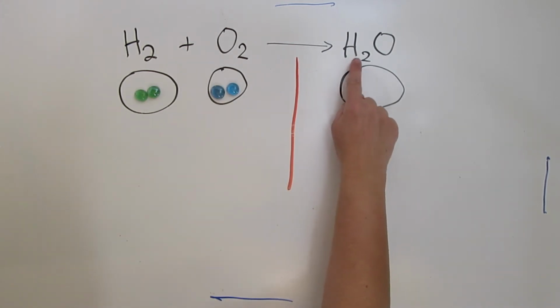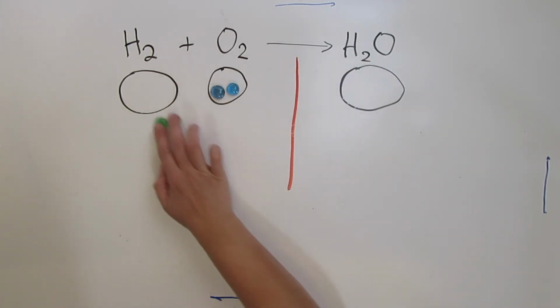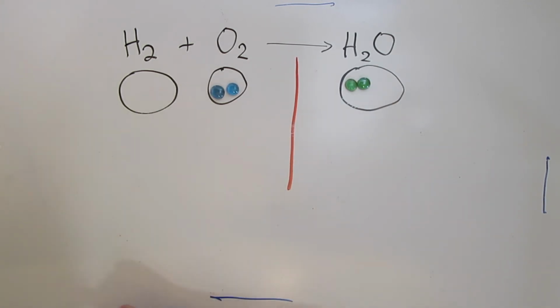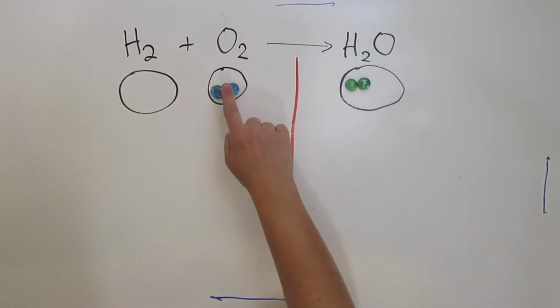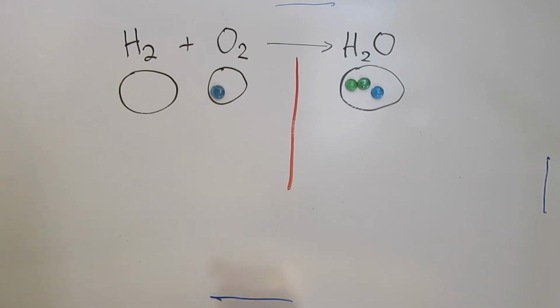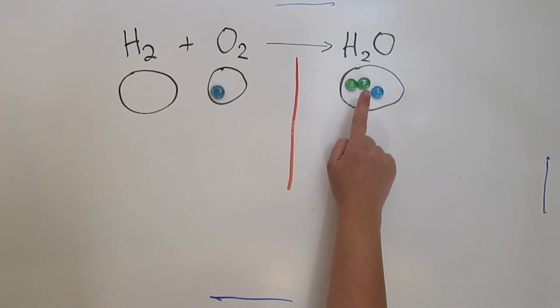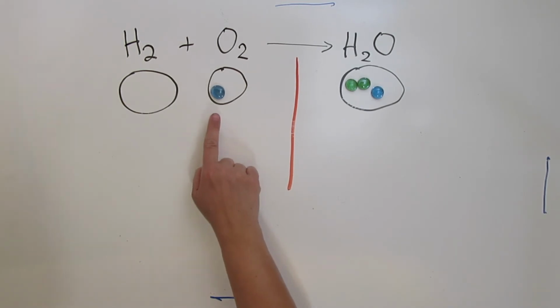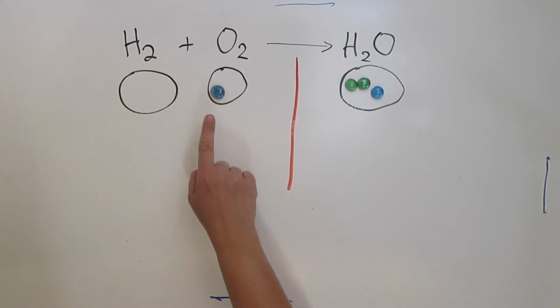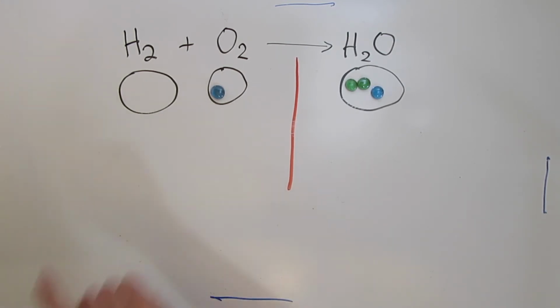So in water, we have 2 hydrogens, which we can get from our package of hydrogens over here, and we also have 1 oxygen, which we can get from here. And you can see that we have made 1 molecule of water, but we haven't used up all our ingredients. And if you'll remember, that is something that has to happen in every reaction. You have to use up every single ingredient.